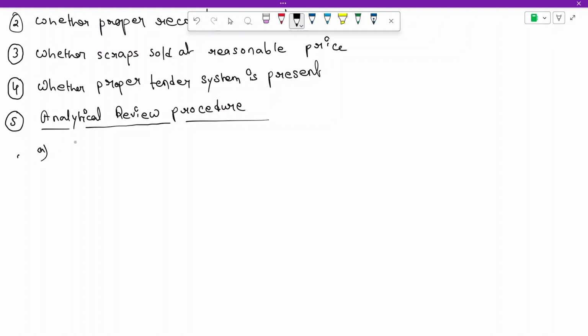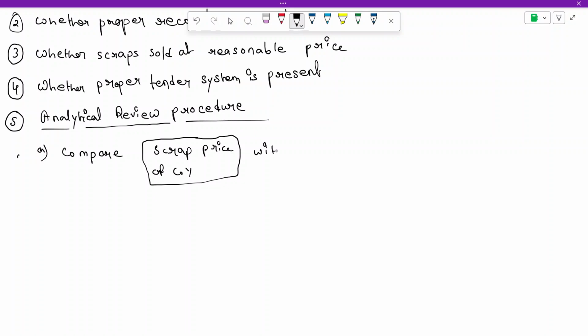First, we'll compare scrap price of current year with scrap price of previous year.